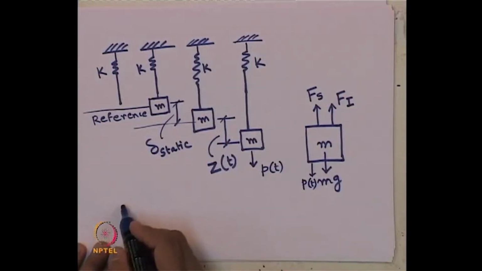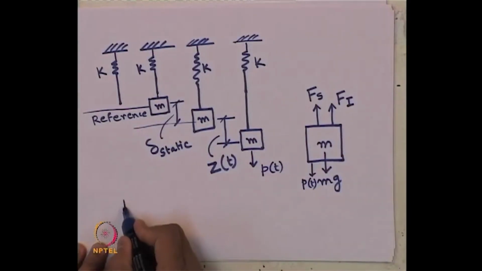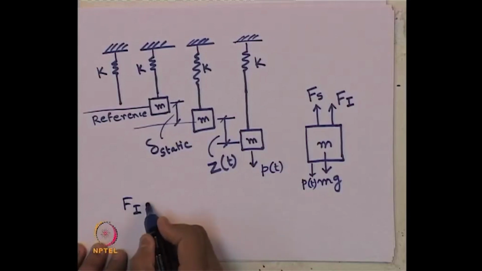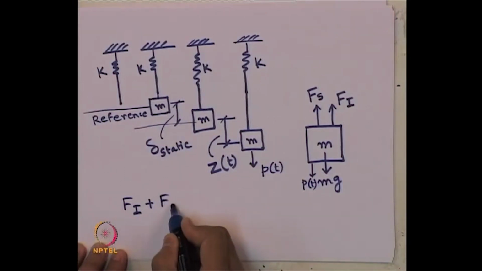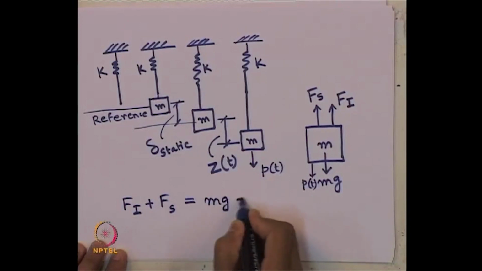So, what will be the equation? By using D'Alembert's principle in this direction, we can write F I plus F s equals mg plus P of t.